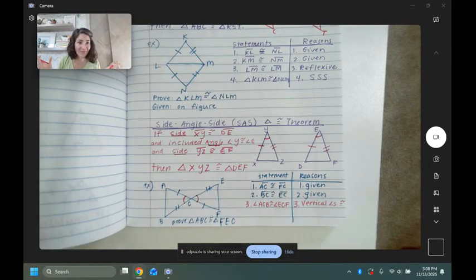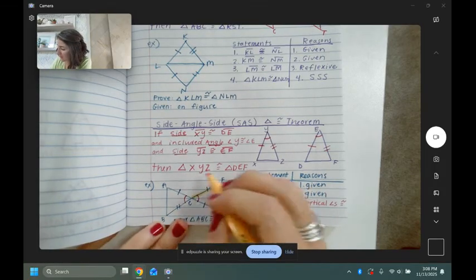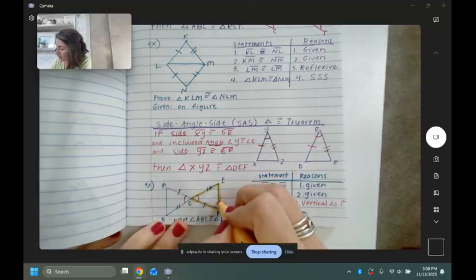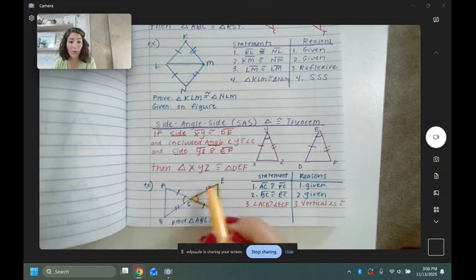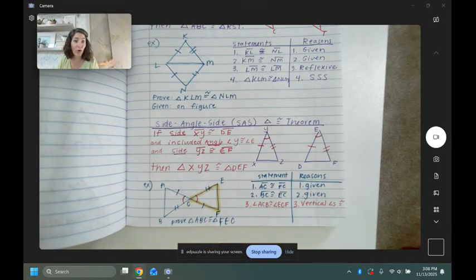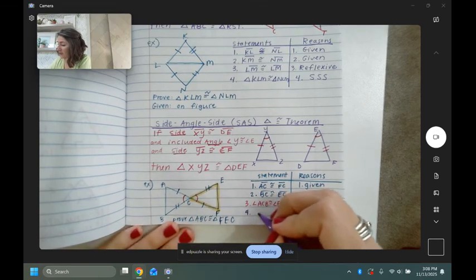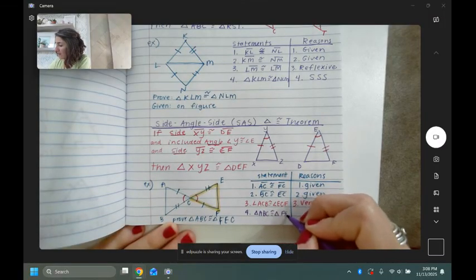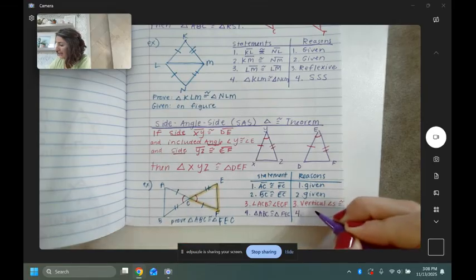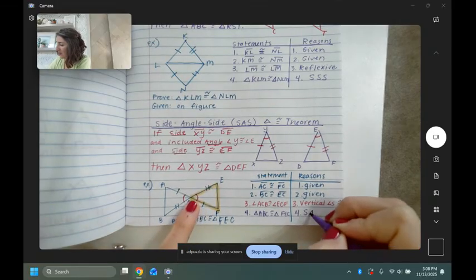Congruence theorem. And now when I'm deciding which theorem to use, side, side, side or side, angle, side, I want to look at just one triangle and go around the whole thing: side, angle, side, and they're all corresponding and matching. So then I can now say that yes, triangle ABC is congruent to triangle FEC by side, angle, side.